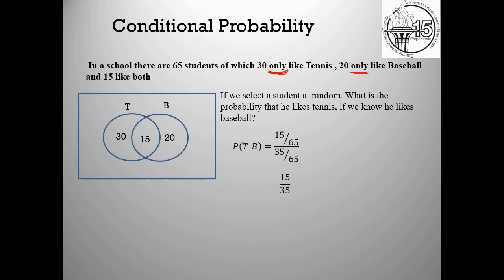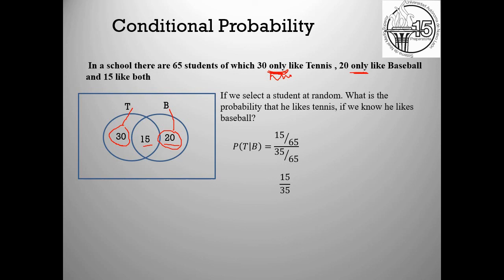In this case we can start by the intersection or by the people that like the sport, because of the simple word only. 30 people only like tennis, 20 people only like baseball, and 15 people like both.